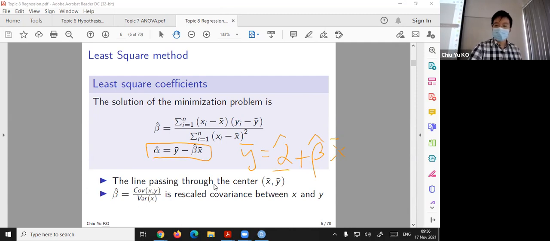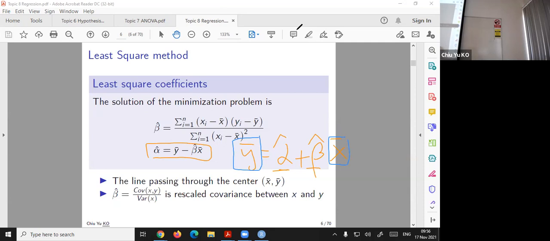This is the intercept, this is the slope. That means that if x bar is the x value, the value of y will be y bar. So the best fit line will pass through the center of the data.